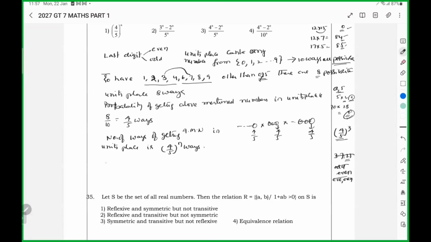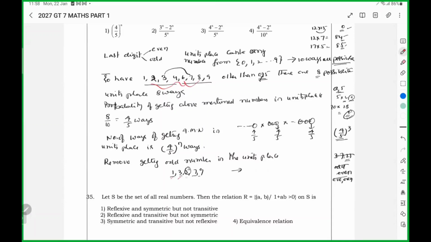I am trying to remove getting an odd number in the units place. 5 also in the units place, I have not taken 5. So with 1, 3, 5, 7, 9 actually, that 5 I have not taken. If these numbers come in the units place, that possibility is ruled out. Then you have only the required possibility, straight away it will come: 2, 4, 6, 8.